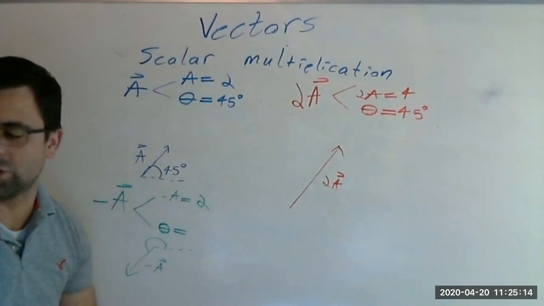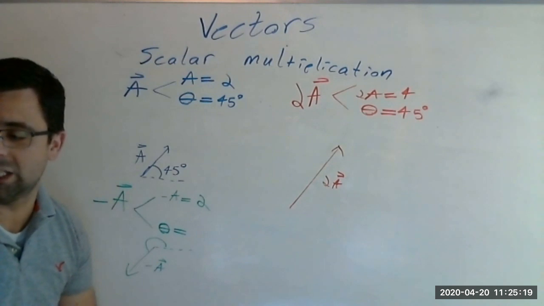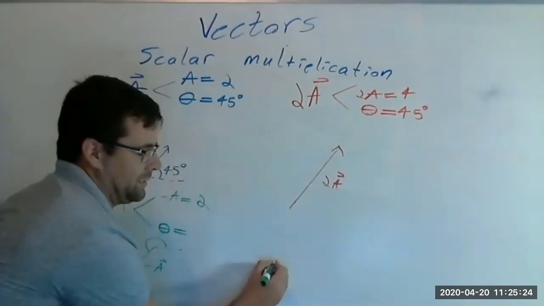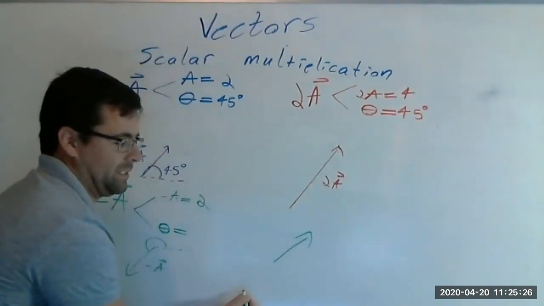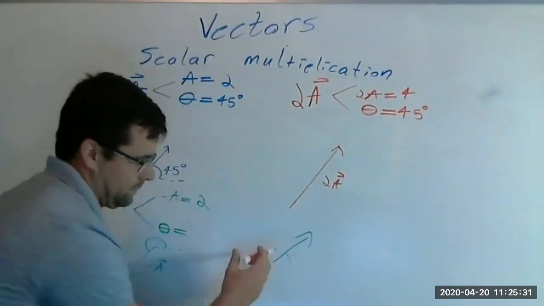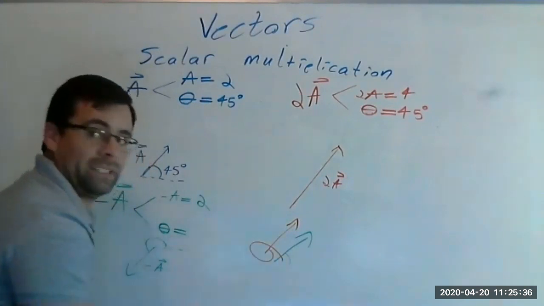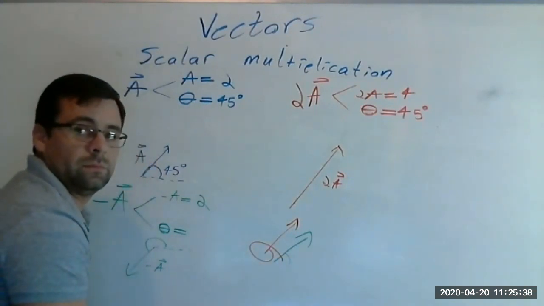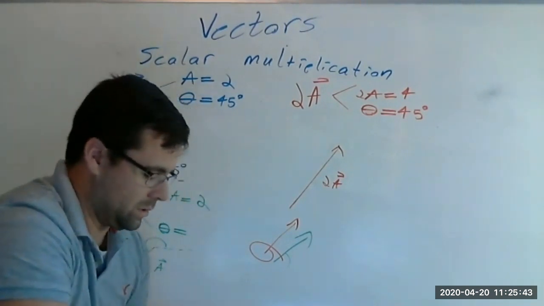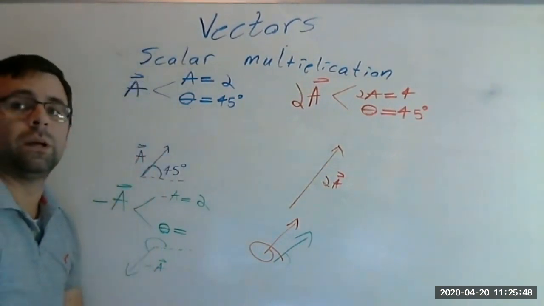So a coterminal angle would be that angle plus 2 pi. So with coterminal, the idea is that this angle is the same as this angle.